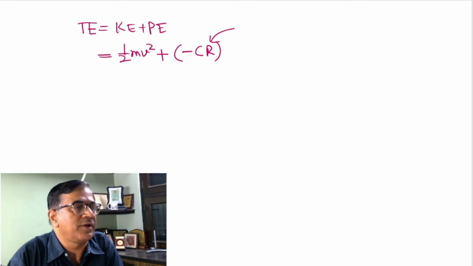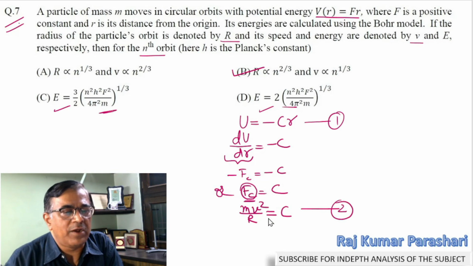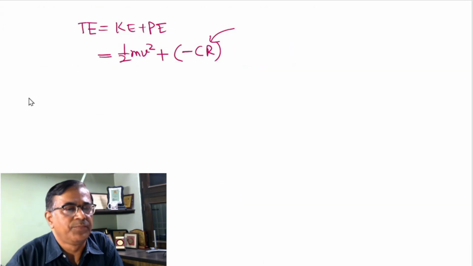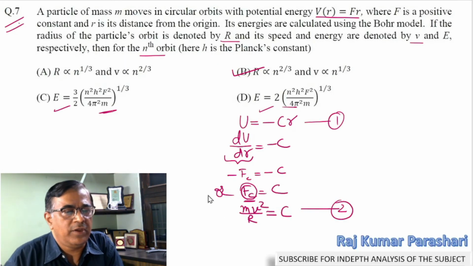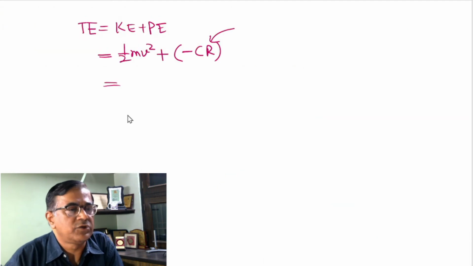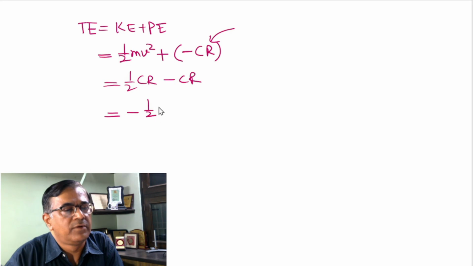And from this relation, mv square by R equals c, so mv square is equal to cR. So I should be able to write this as half cR minus cR, which equals minus half cR. This is the value of total energy.